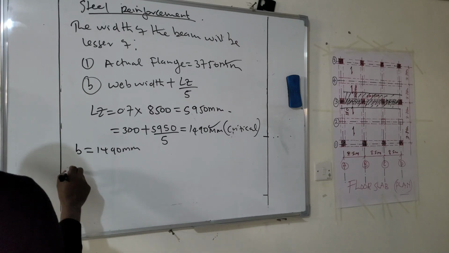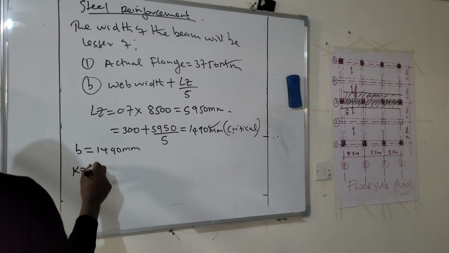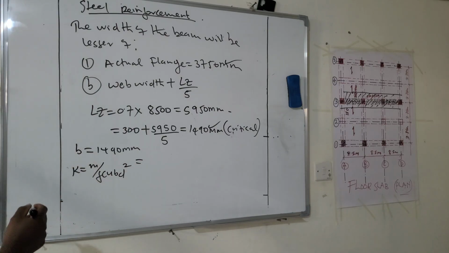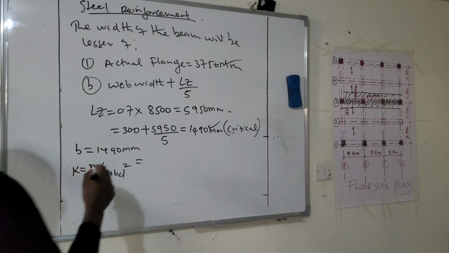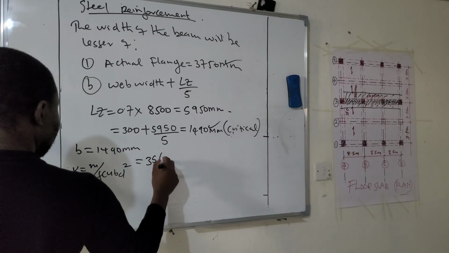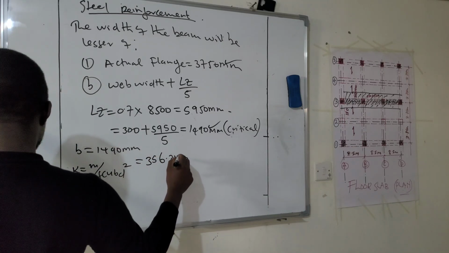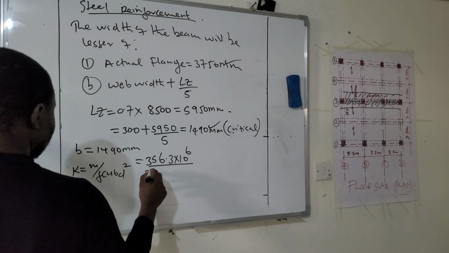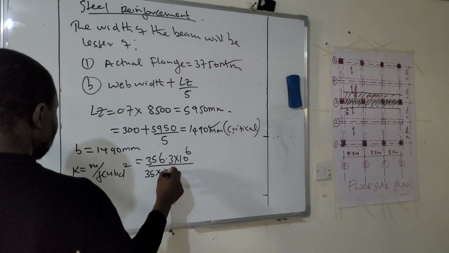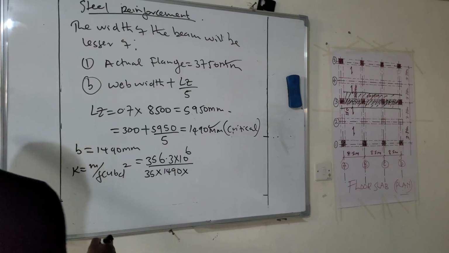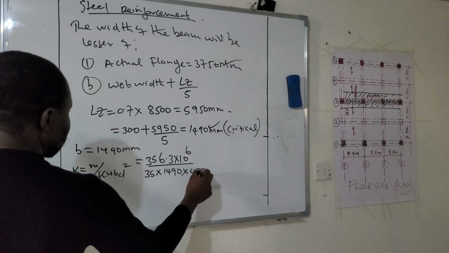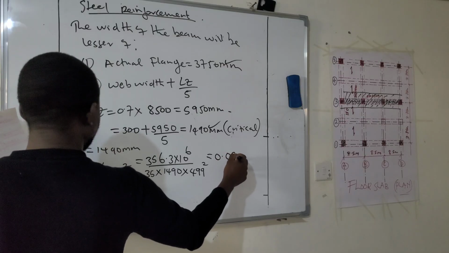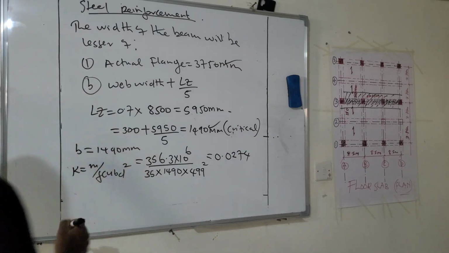So K is equal to M over fcu b d squared. We already have our M, which is 356.3 times 10 raised to power 6, all over fcu, which is 35, times 1490, times d, which is 499, squared. So this one is equal to 0.0274.